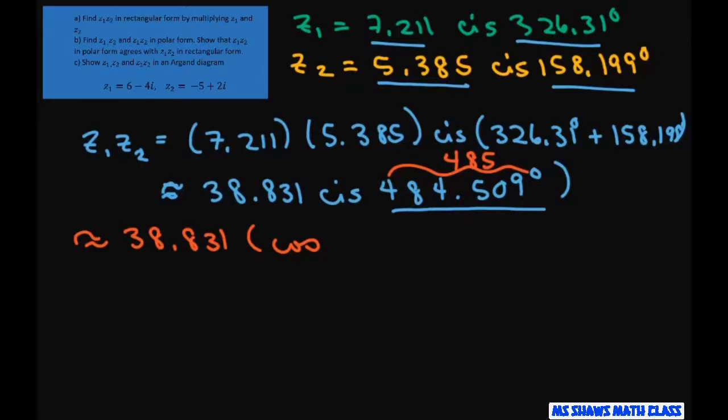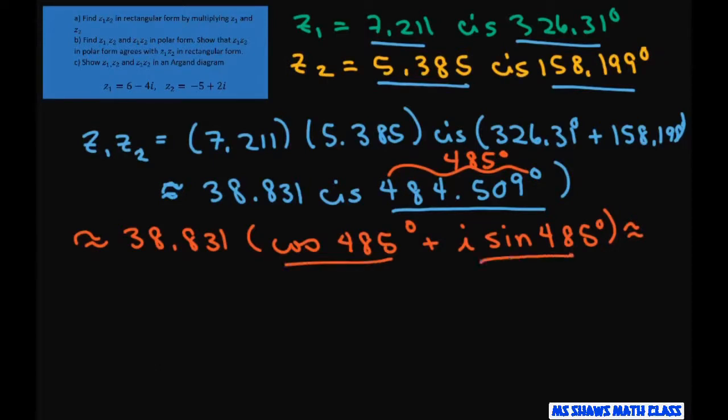You don't have to, because we're just estimating a little bit here anyway, because we're using the calculator. Which is approximately, if you put these in the calculator, you're going to get negative 22 plus 32i.